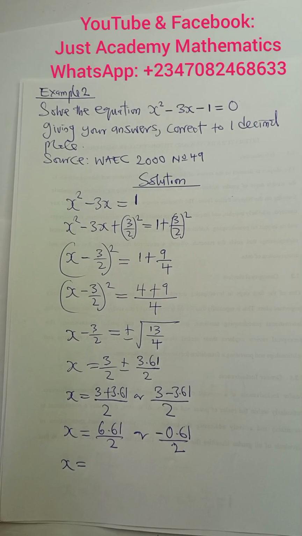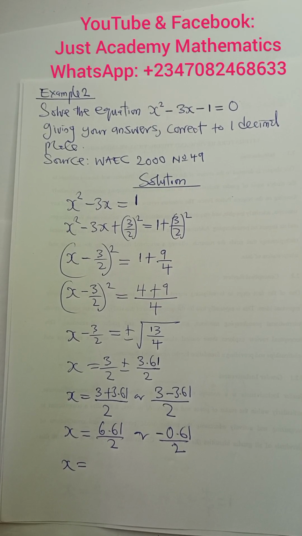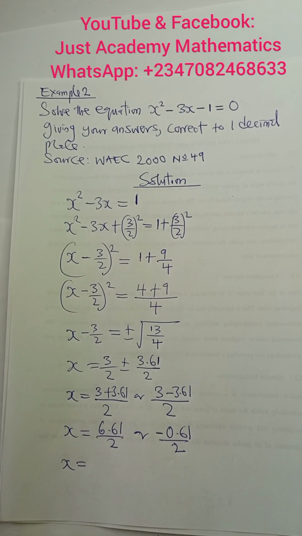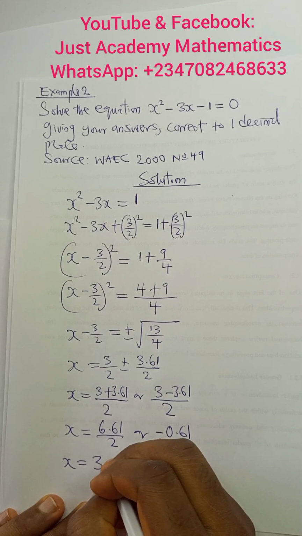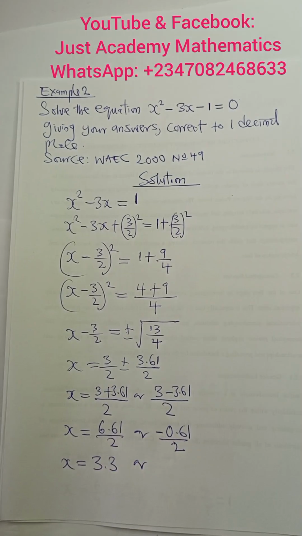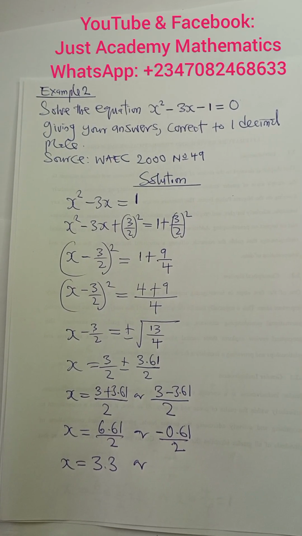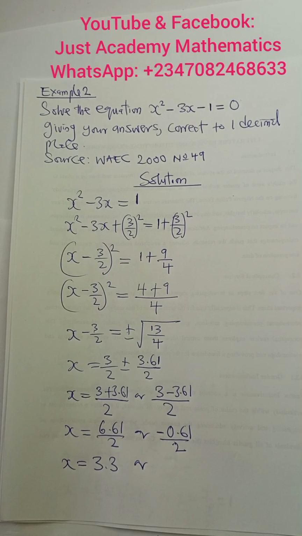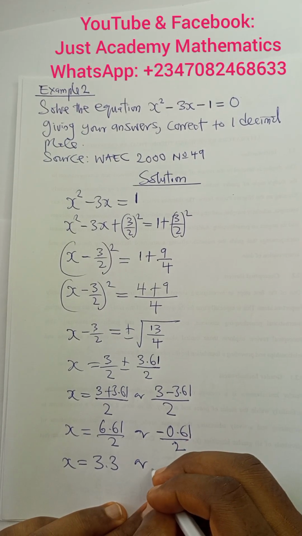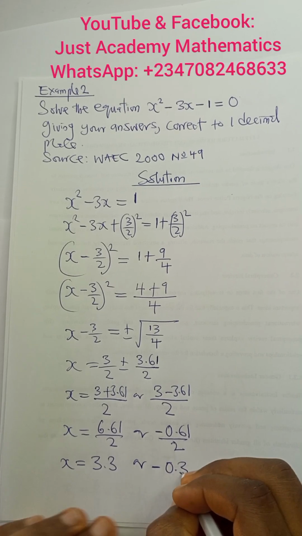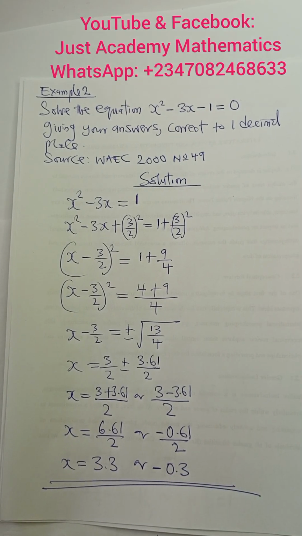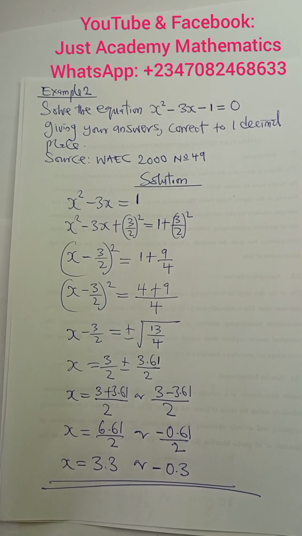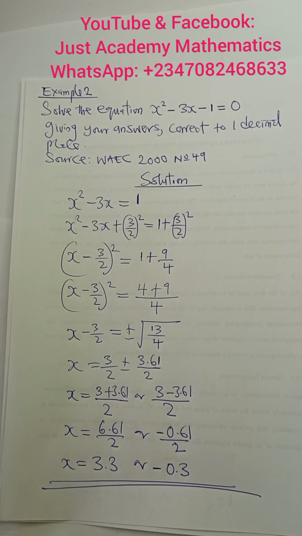So 6.61 divided by 2 to 1 decimal place is simply 3.3, or minus 0.61 divided by 2 to 1 decimal place simply means negative 0.3. So these are the 2 answers to this equation, to 1 decimal place.